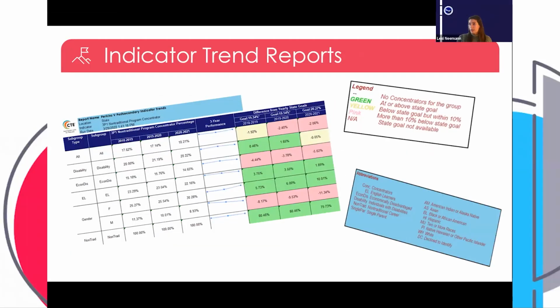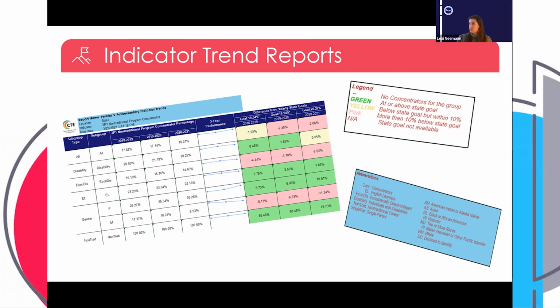In looking at reports to give a snapshot, I recommend sending this out to those who work with Perkins but maybe aren't in the weeds of data, to give them a bigger picture scope of what they're looking at. This is an indicator trend report, which goes over a 3-year trend. It has a stoplight model with green, yellow, and pink or red, depending on the format you use, showing where the goal was met, was below the state goal, or was within 10% of the state goal.